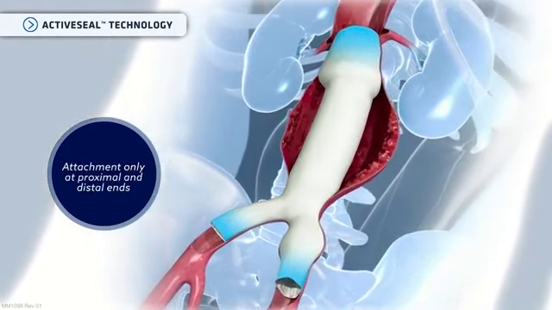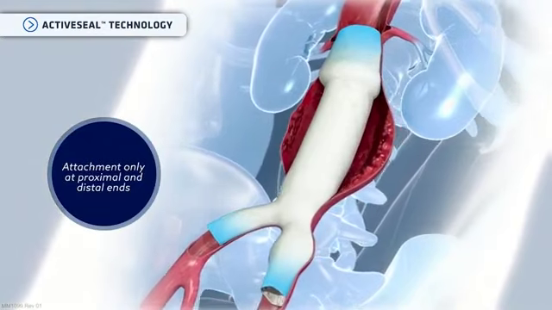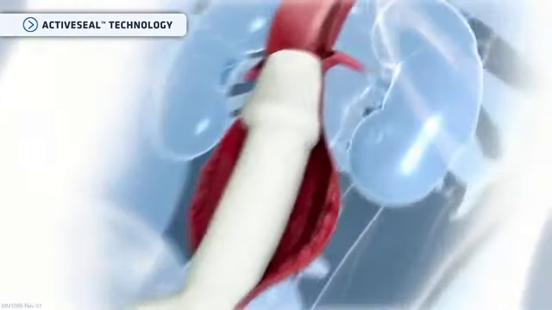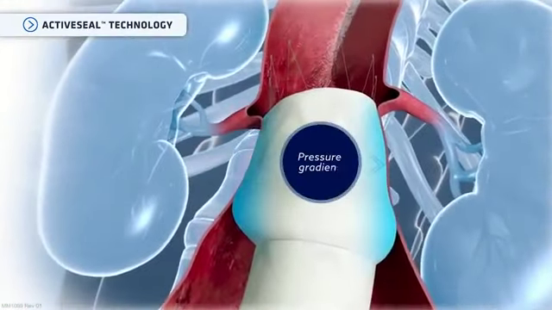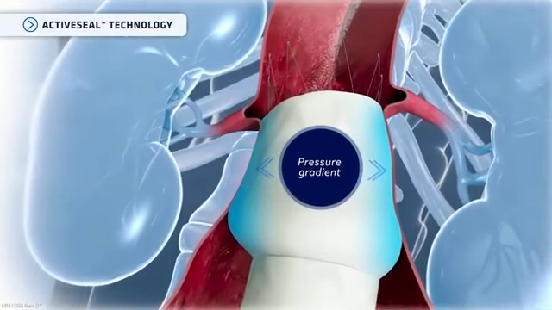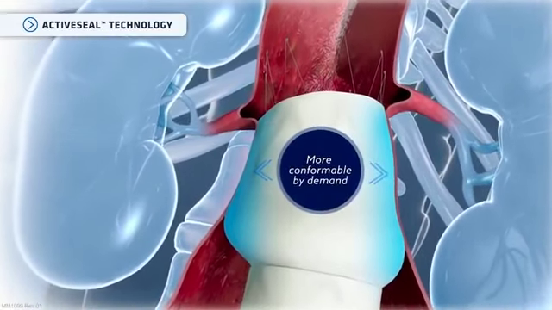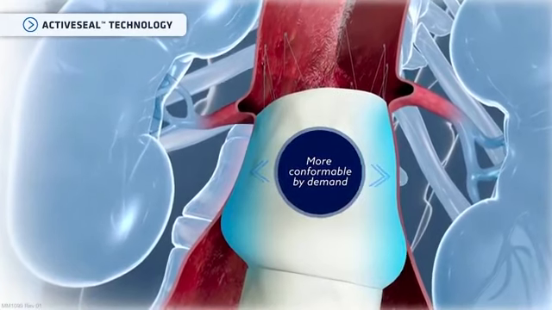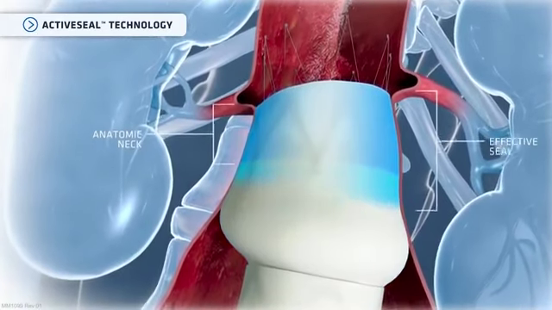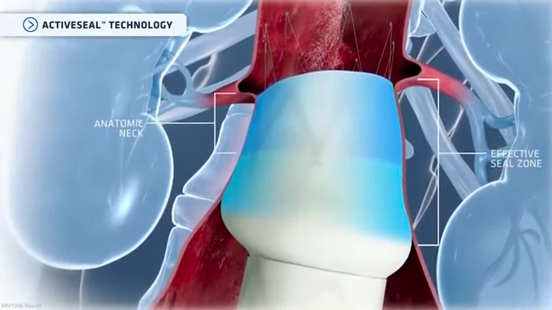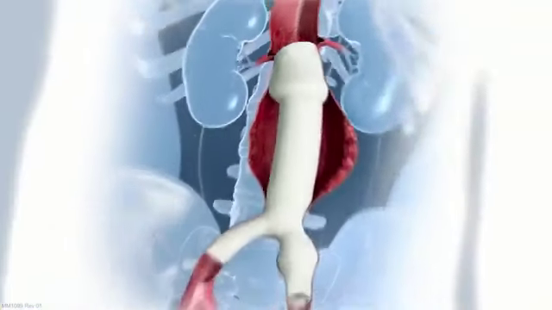Secured at the proximal and distal ends of the stent graft, the material is able to move independently of the stent. Driven by the pressure gradient between the aorta and excluded aneurysm sac, the material opposes and actively conforms to the aortic wall, extending the effective seal zone beyond the anatomic neck.